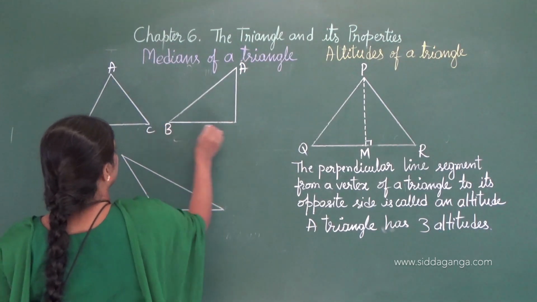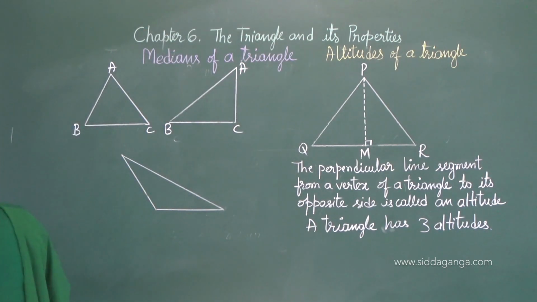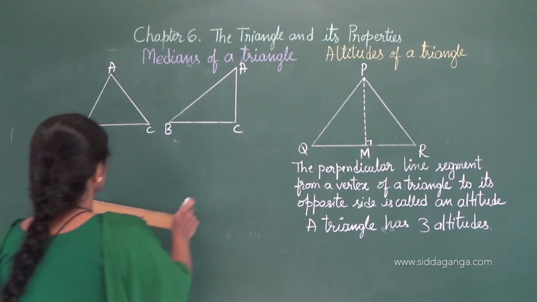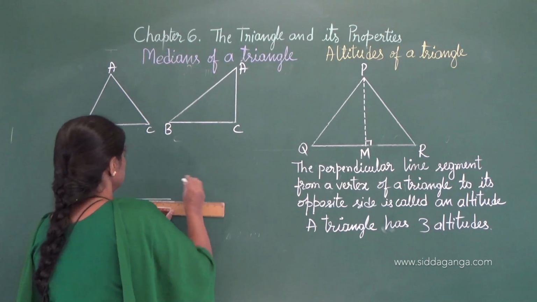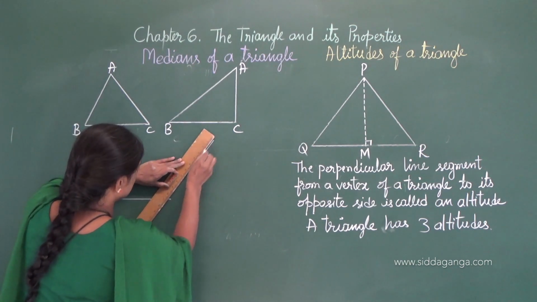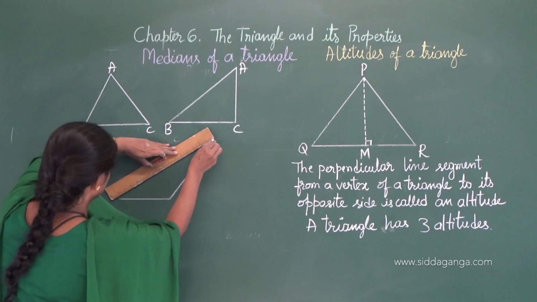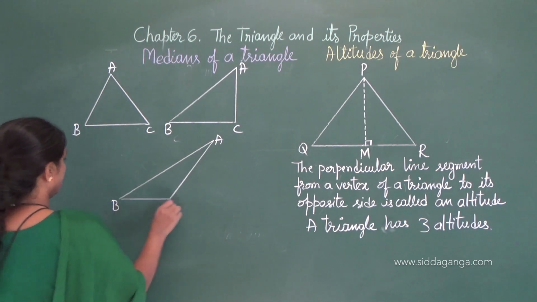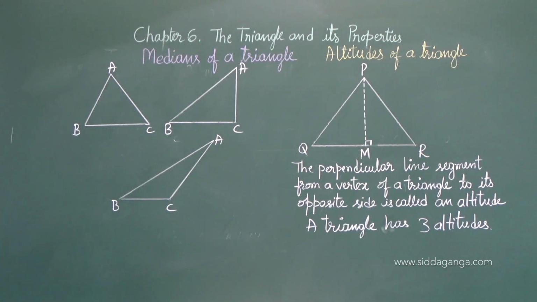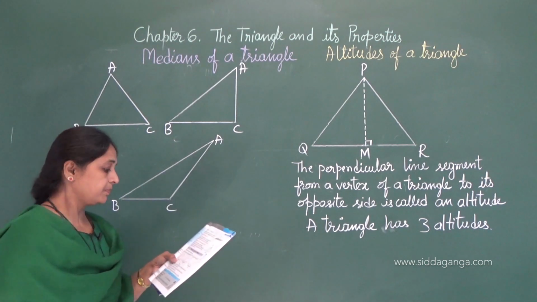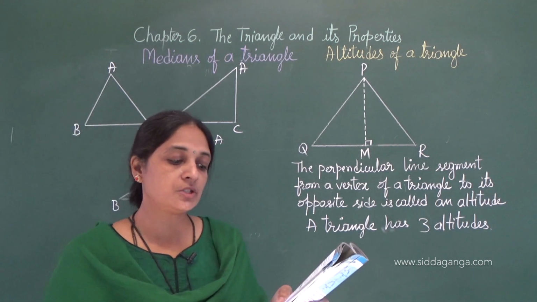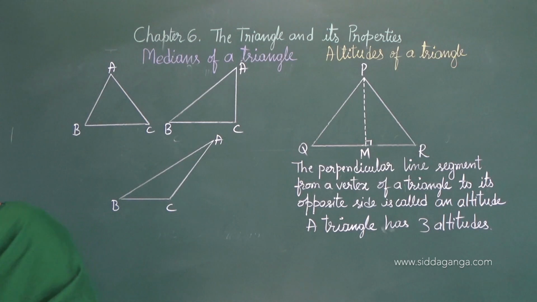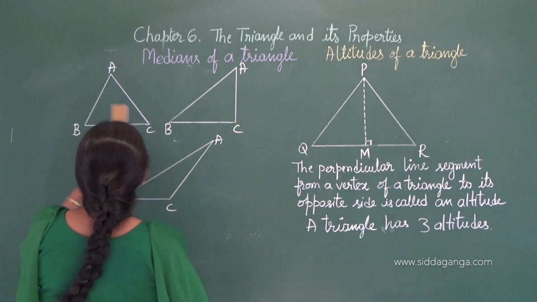What I have been given is to draw rough sketches of altitudes from A to BC for the following triangles. Here we have to draw perpendiculars for this.